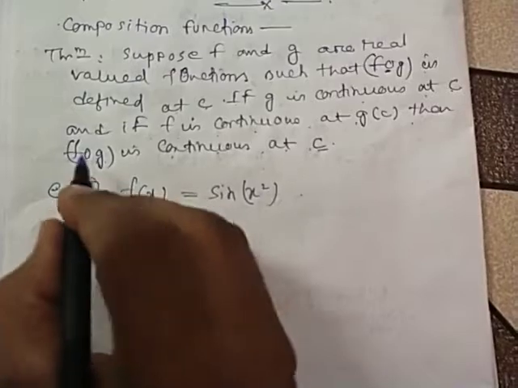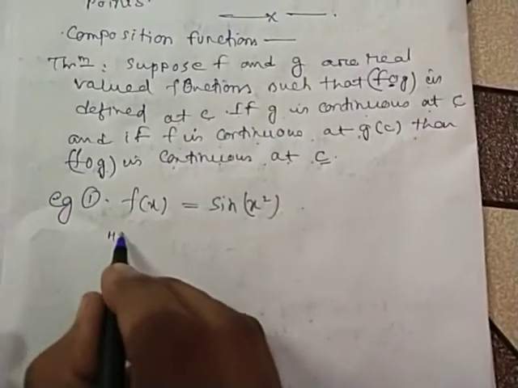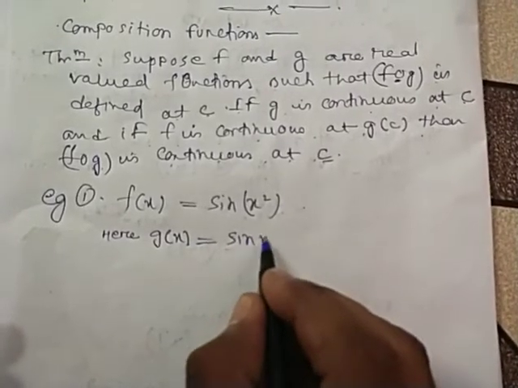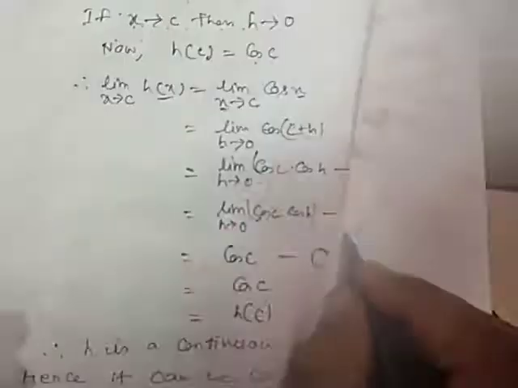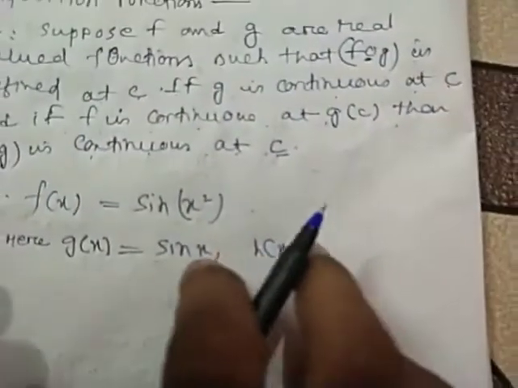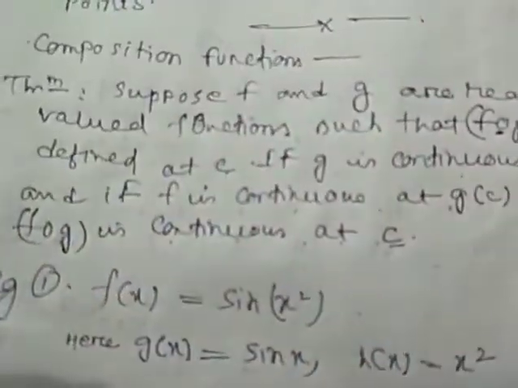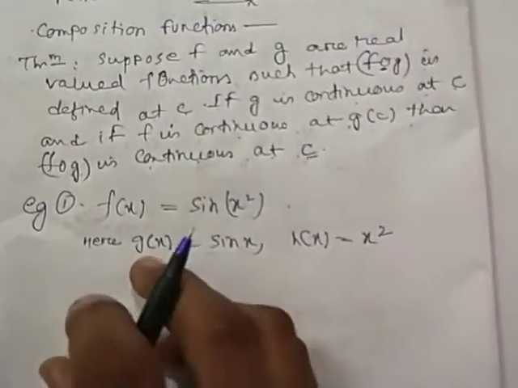Here g of x equal sine x and h of x equal x square.